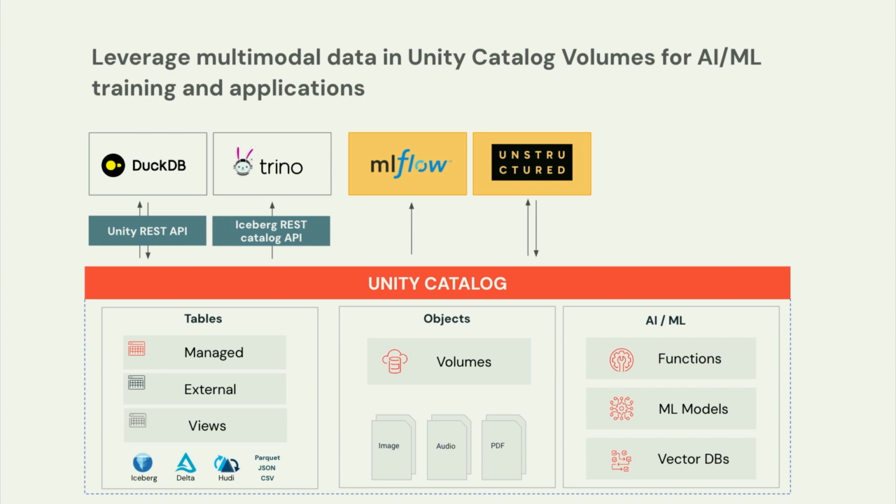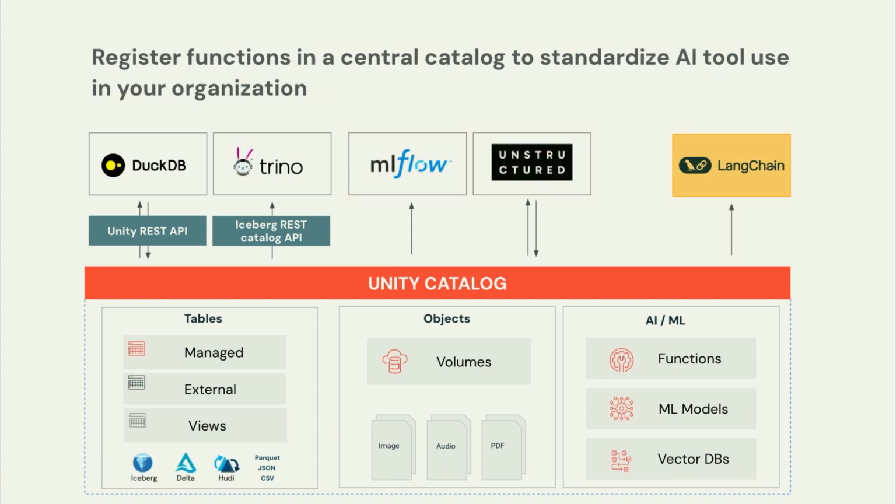So that's Unstructured, an ML application which does ETL for ML use cases, taking PDFs, generating the unstructured data out of them, and then putting it in a volume. The final thing I'll show is using UC as an AI tool catalog, a Gen AI tool catalog.